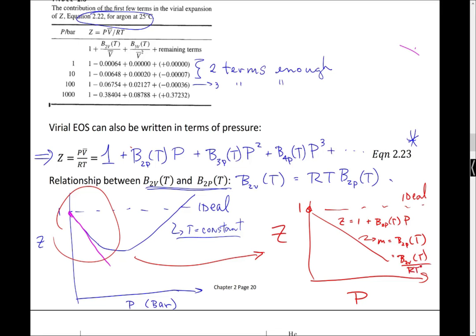Okay? Basically what that tells us is that we can go into the laboratory and measure compressibility factors as a function of pressure. And if we look just at the limit of low pressures, the slope of that line gives us the second virial coefficient. Right?